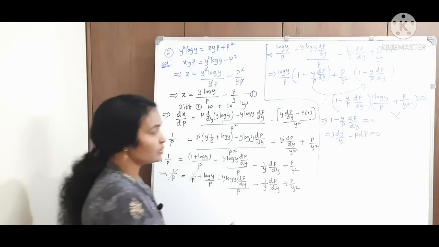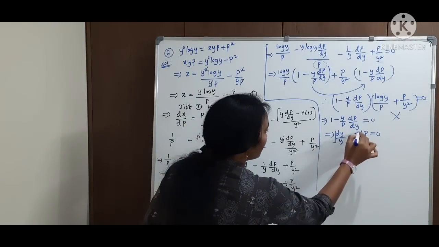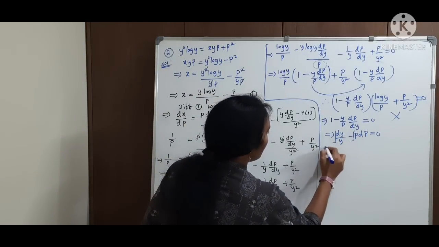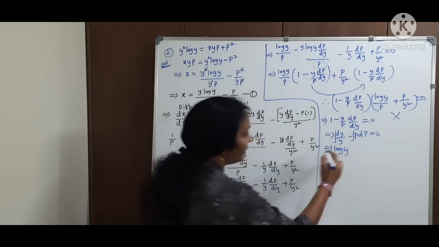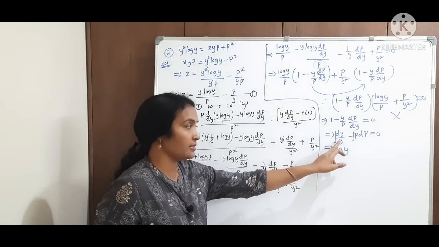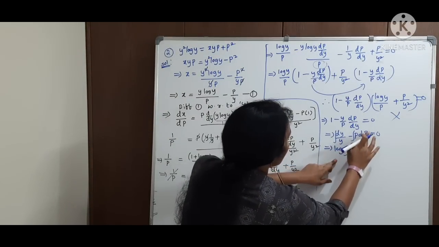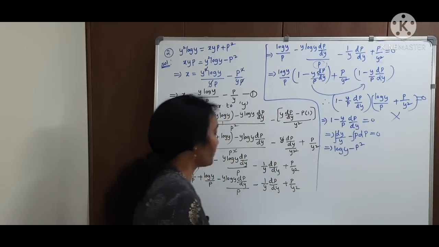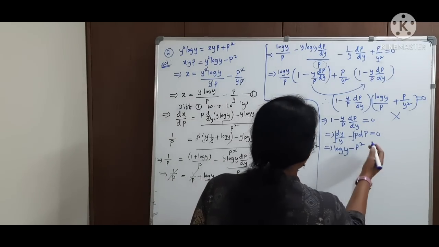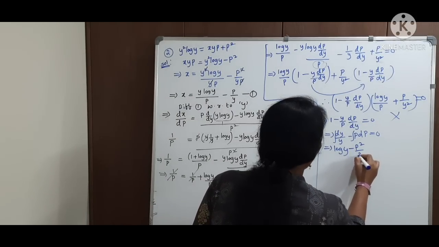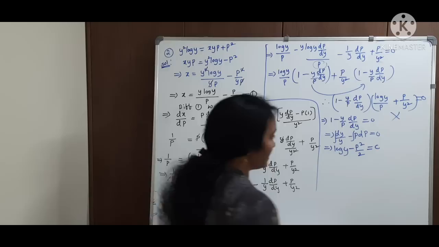Then what is the solution? Apply the integration on both sides. This will become log y. Done, because the integral of 1 by x is log x, so log y. P will become, with respect to dp, p square by 2 is equal to c.